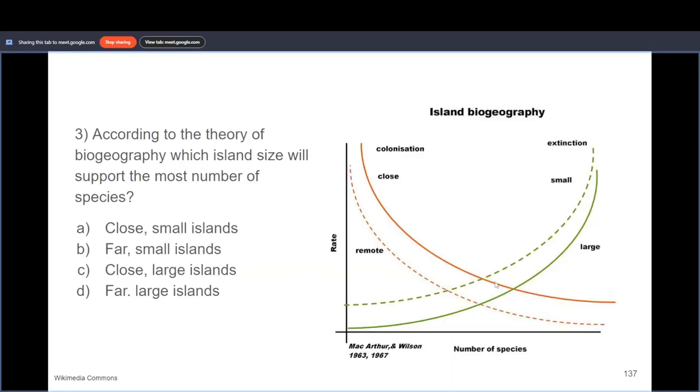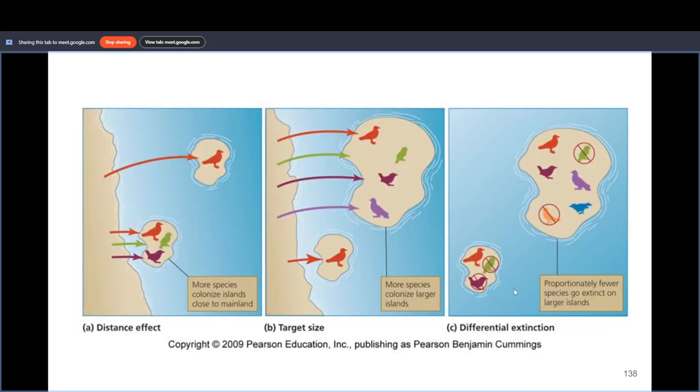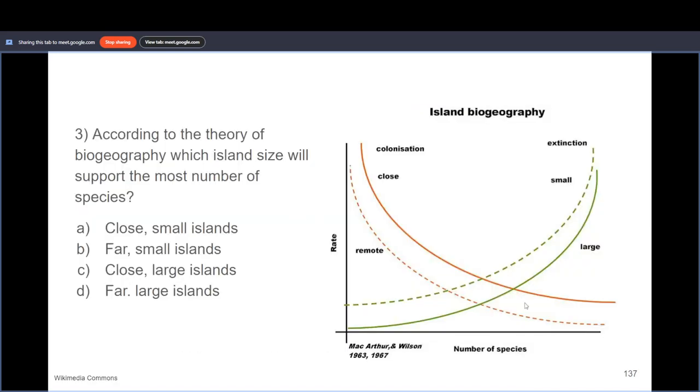Now if we see the number of species that colonize which island type, you find large close islands having these many number of species. Can you see where my cursor is right now?